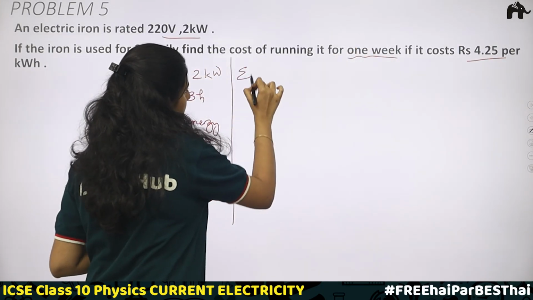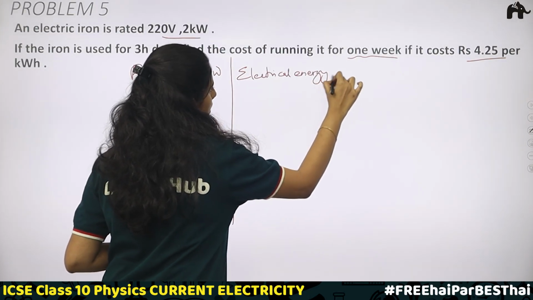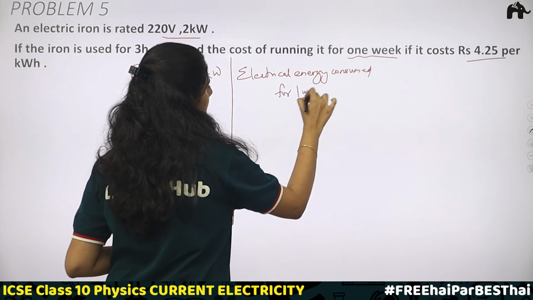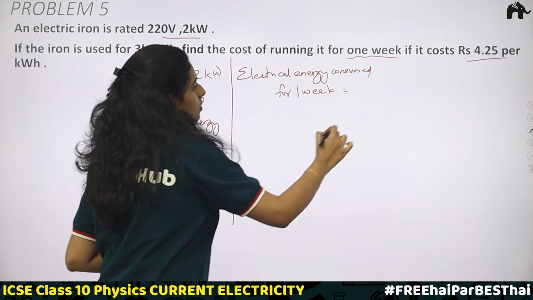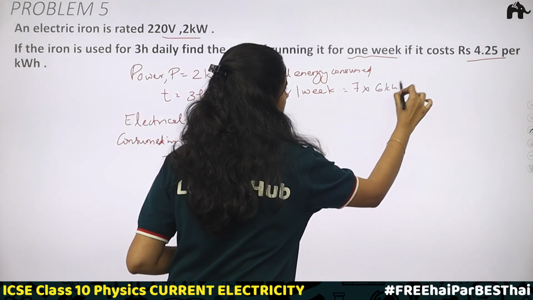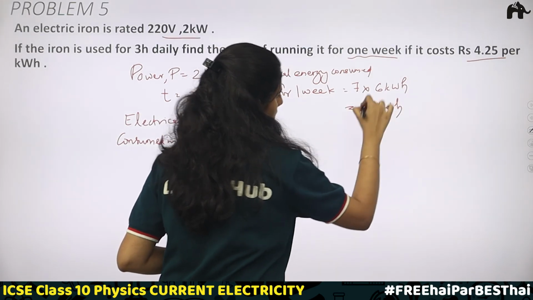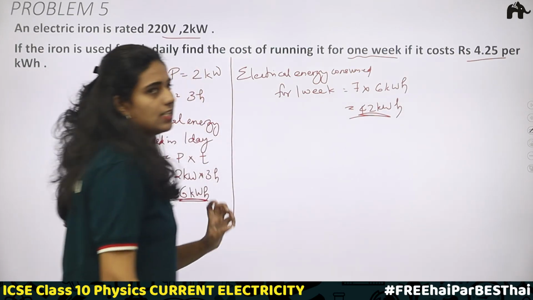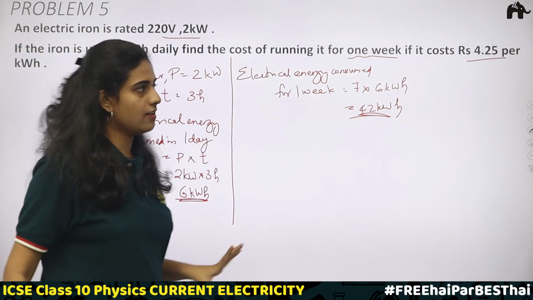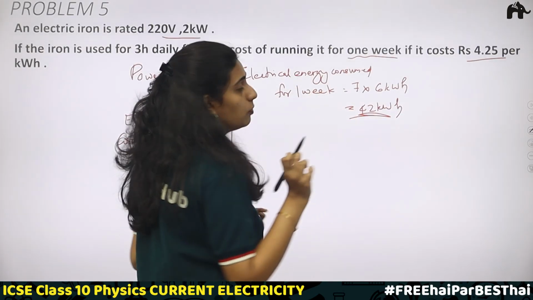Therefore, electrical energy consumed for 1 week will be equal to 7 days into 6 kilowatt hours, that is 42 kilowatt hours. So the total electrical energy consumed for 7 days is equal to 42 kilowatt hours. We are given that for 1 unit the price is 4.25.